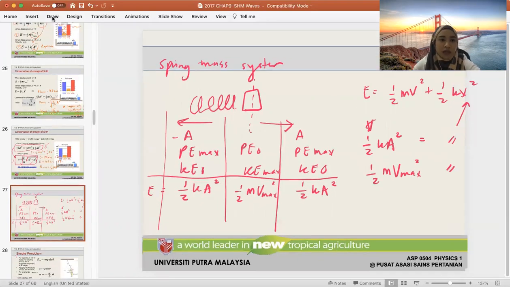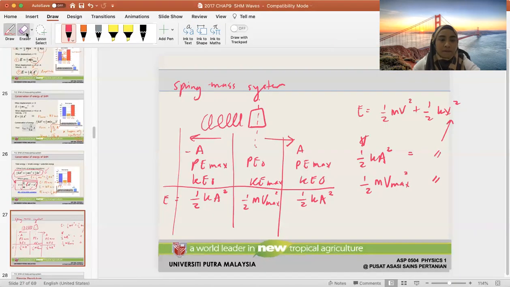So from that, I get my two other equations.